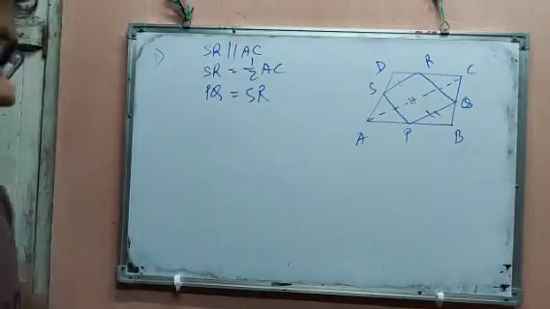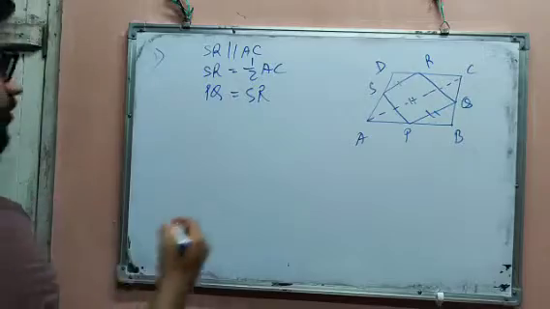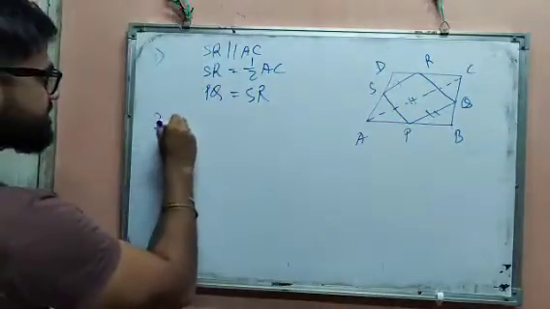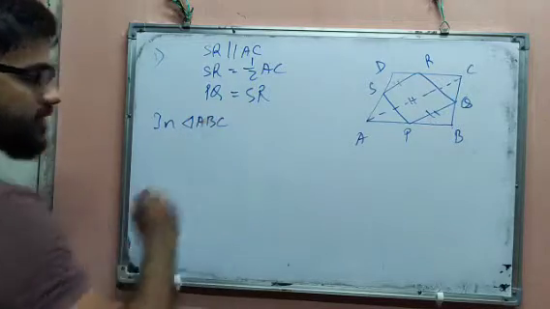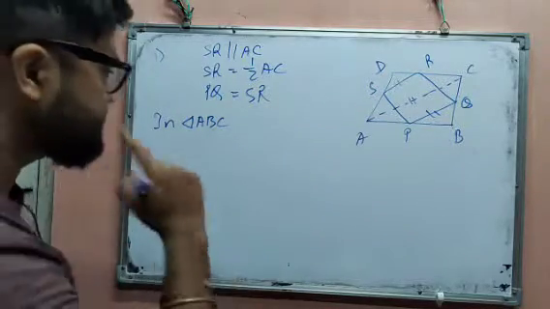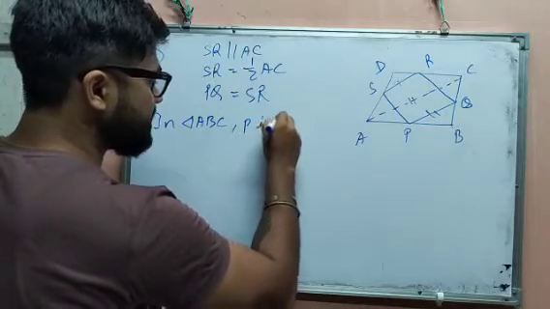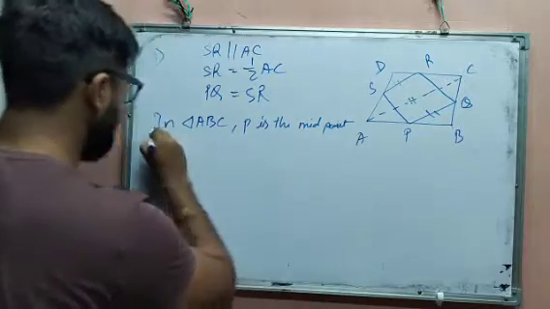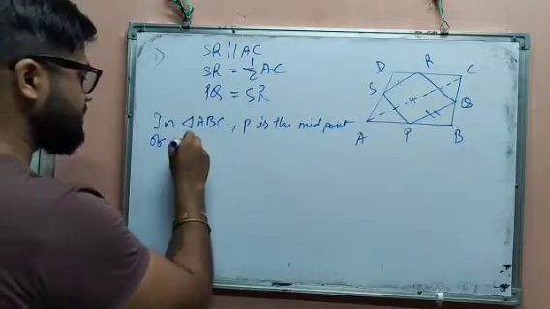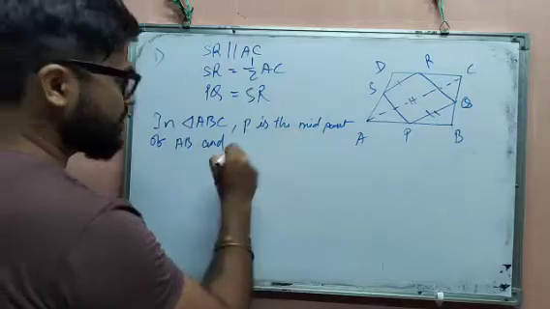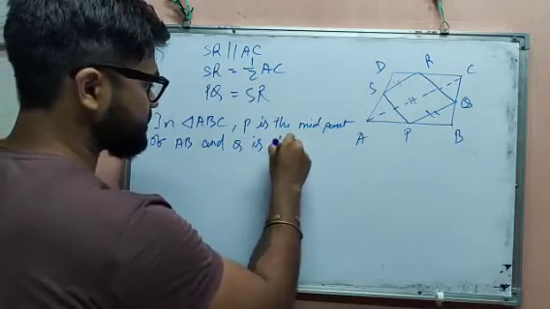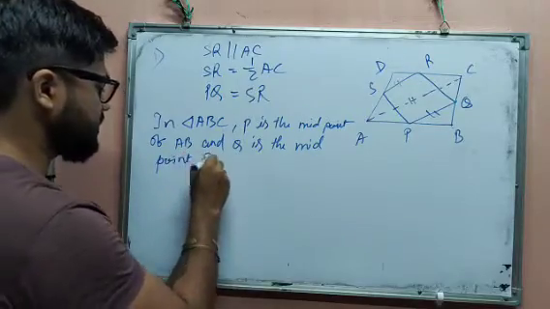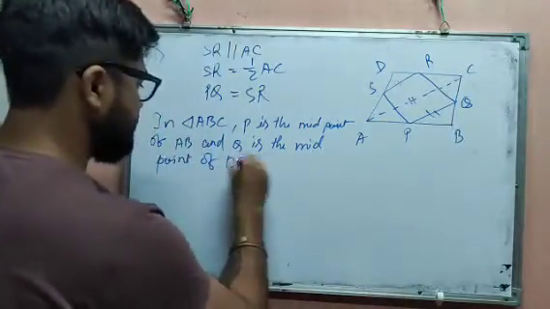To do this, what do we have to do? First, we look at triangle ABC. In triangle ABC we are going to apply the midpoint theorem. In triangle ABC, P is the midpoint of AB and Q is the midpoint of BC.